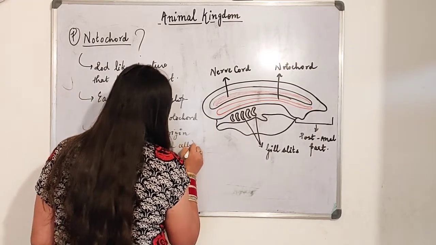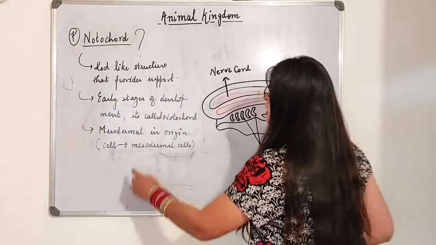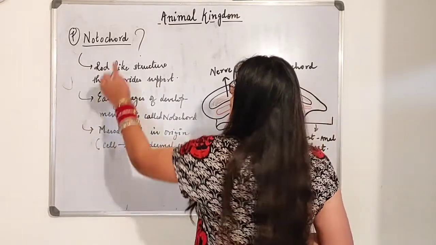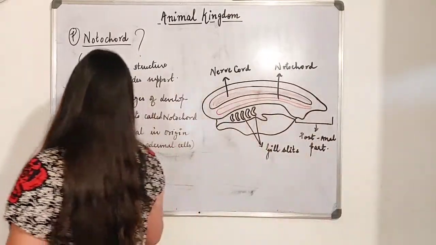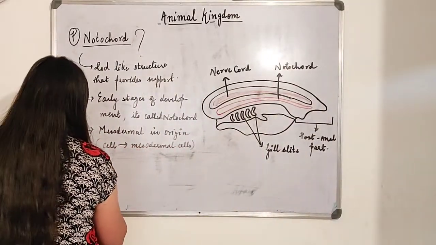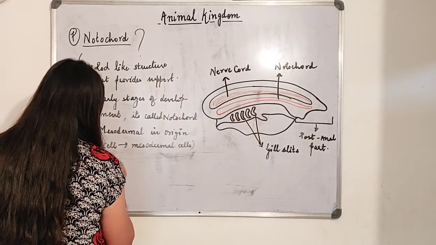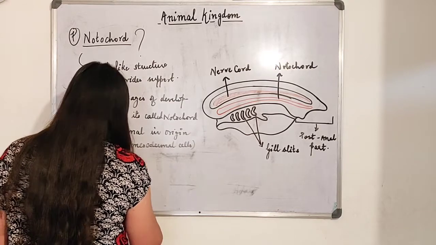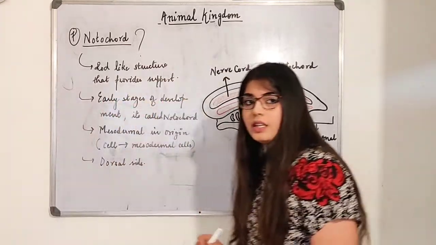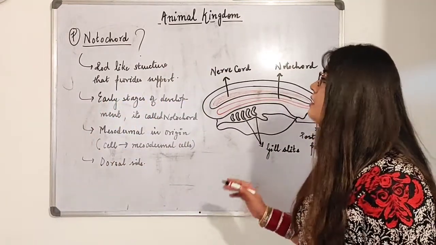Mesodermal cells lead to the formation of notochord. And where is this notochord present? It is present on the dorsal side.